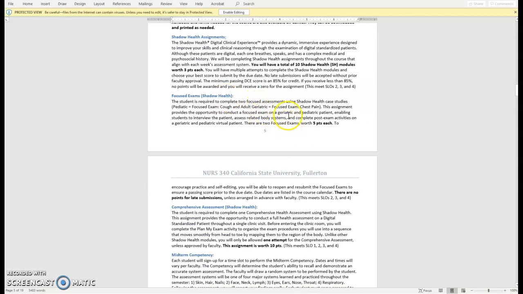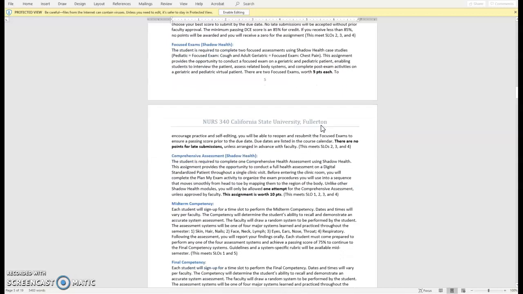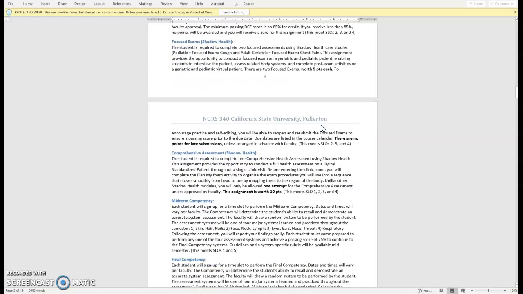One is going to be on cough for adults, then there's a cough one for pediatrics, and the chest pain one is for the geriatrics. Those are worth 5 points each. That's going to be worth 10 points. That's going to be a more focused exam. And then you're going to have your comprehensive assessment here, which is going to be worth 10 points.